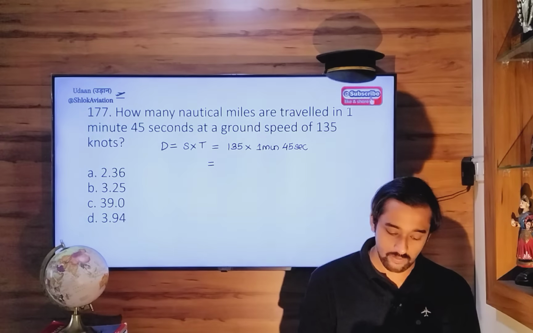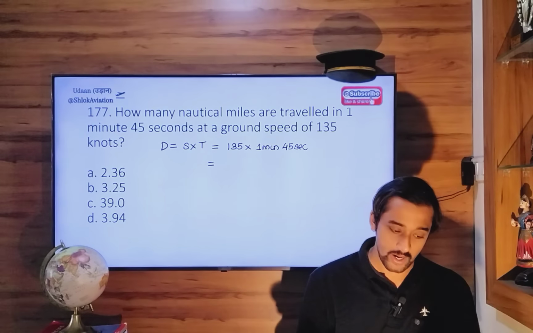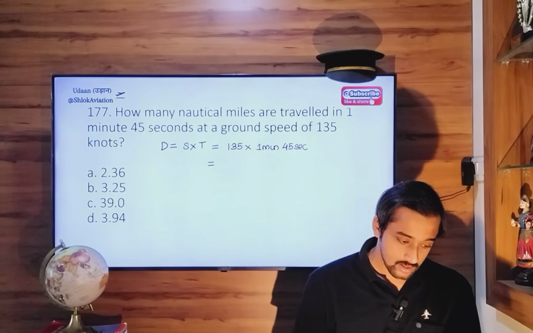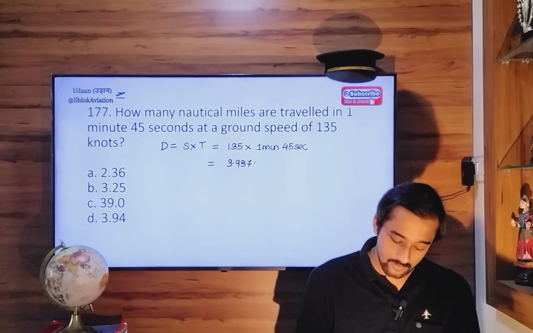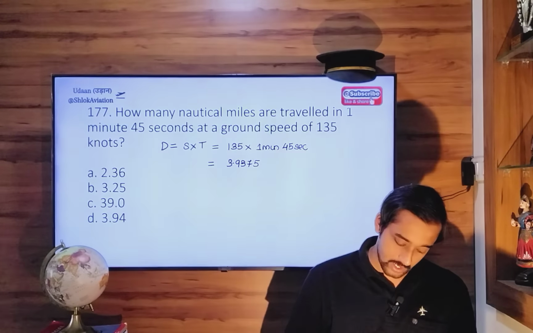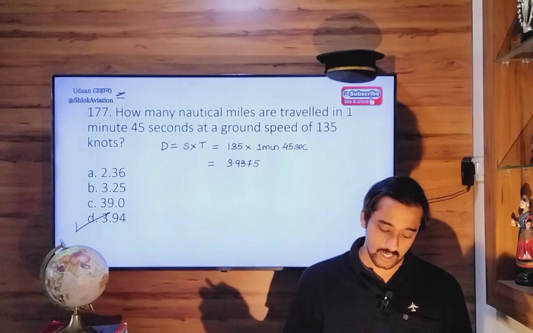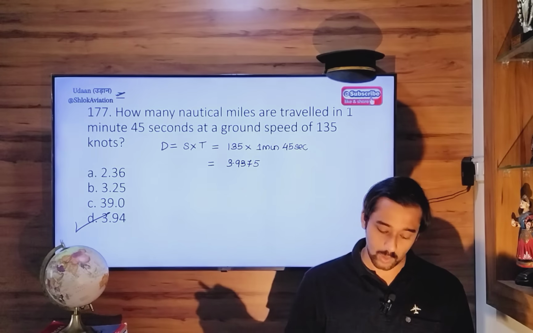So 135 into 1 minute 45 seconds is 3.9375. So 3.94 approximately. So option B is the correct option.